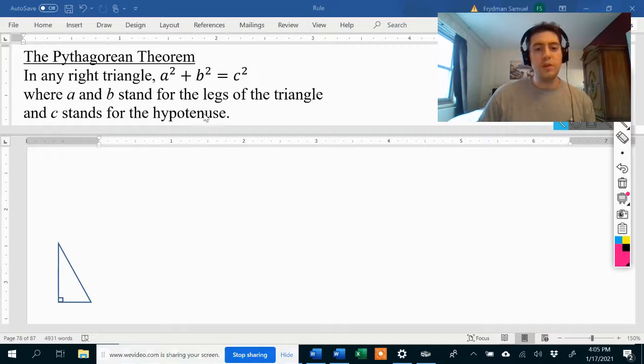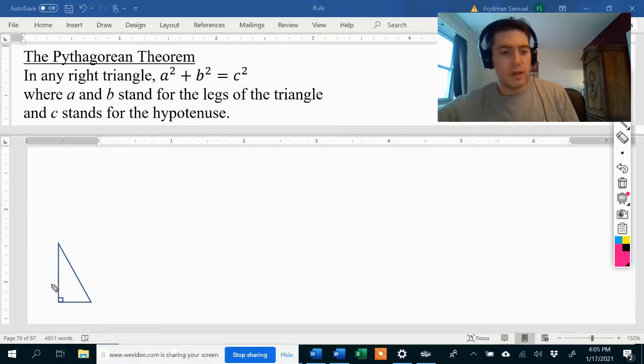And what do we mean when we say the legs of the triangle? The legs of the triangle are the sides that are adjacent to the 90-degree angle. So in this triangle, the legs would be this side and this side. These are the lines which form this 90-degree angle.